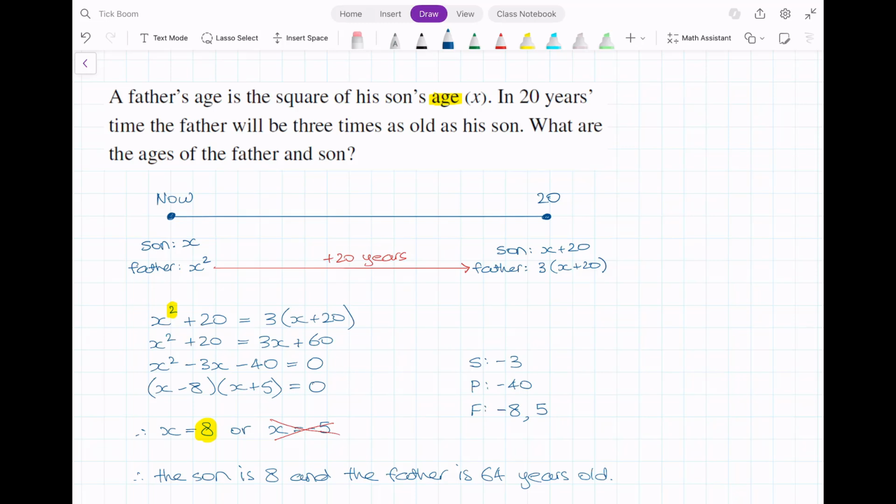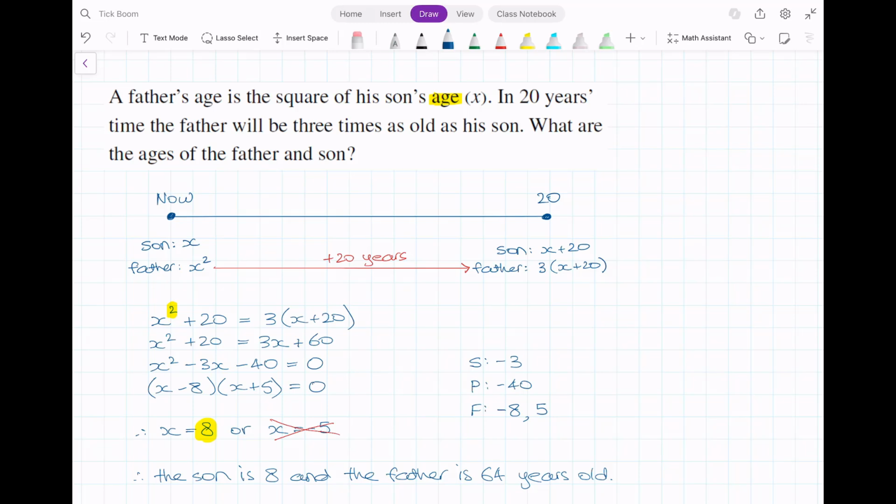So for me, I think the best way to approach these kinds of problem-solving questions is to have some kind of diagram. In this case, I went with the timeline. And I think just thinking carefully about the information given in the question and how that then allows us to create the equation, I think that's really the hard part of this question.